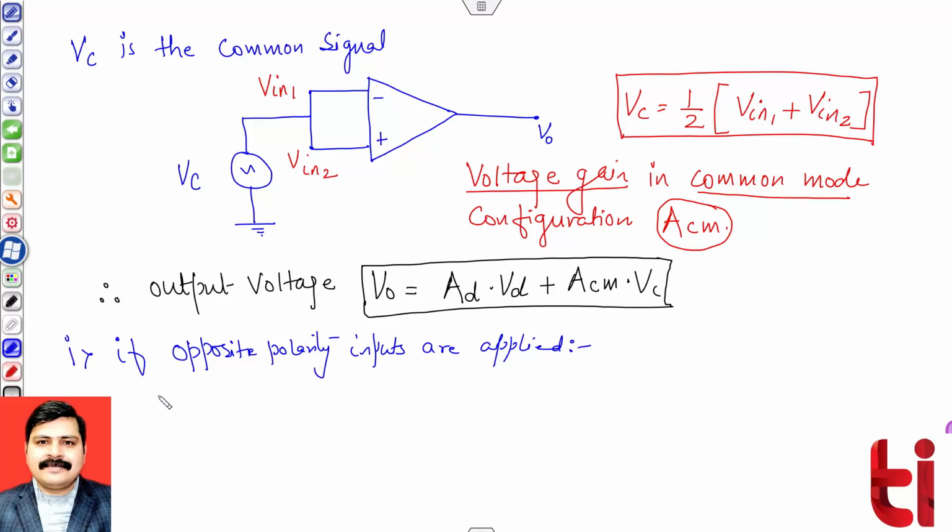For that, let us take V in 1 equals Vs and V in 2 equals minus Vs, because we are saying that we have the opposite polarity signal. So V in 1 equals Vs and V in 2 equals minus Vs.